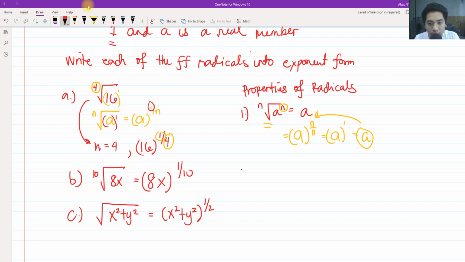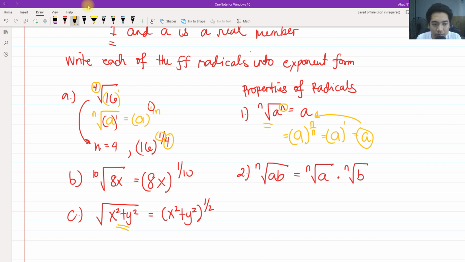Number 2, when we are dealing with radicals, we have the nth root of AB, A multiplied by B, wherein A is a real number and B is another real number. We can actually separate them like this. This is different from this, wherein this is actually addition.